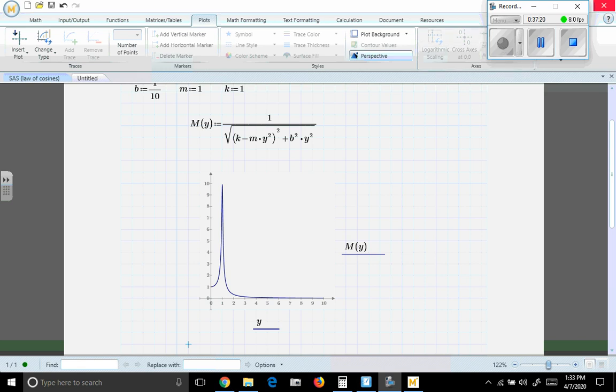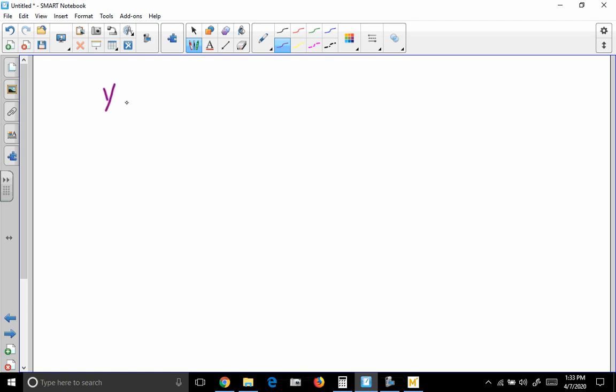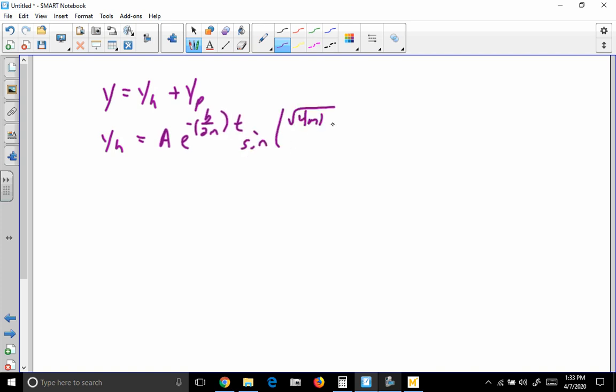So in closing, let's summarize a few things. Our solution, remember, is a sum of the homogeneous and the particular solution. Our homogeneous is a e to the negative b over 2m times t sine the square root of 4mk minus b squared over 2m plus phi. So that's our homogeneous.